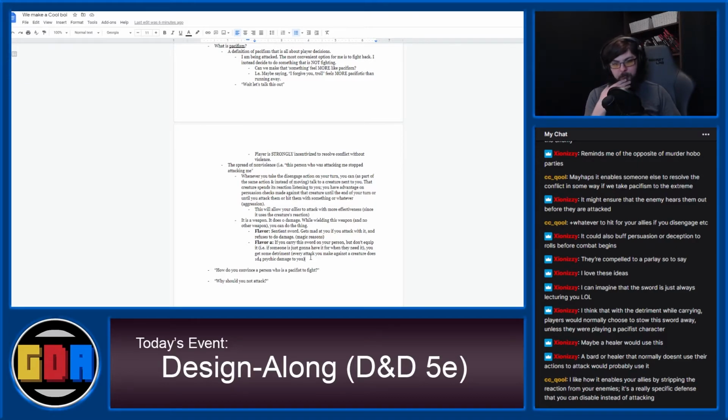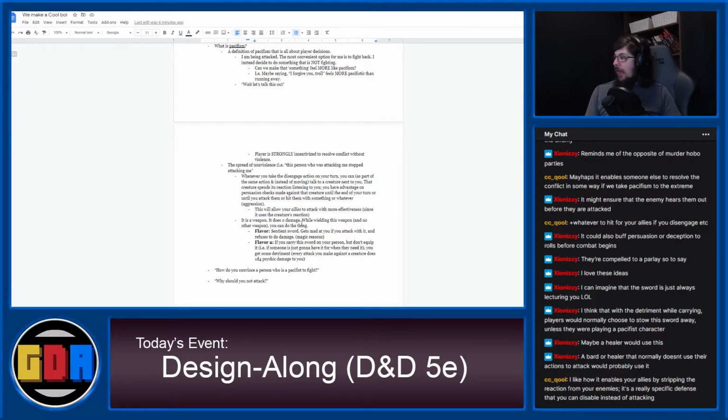And the idea that someone would use it in order to trade their action for an enemy's reaction in specific circumstances. The question becomes, are those circumstances common enough that someone would be willing to give up basically ever attacking?